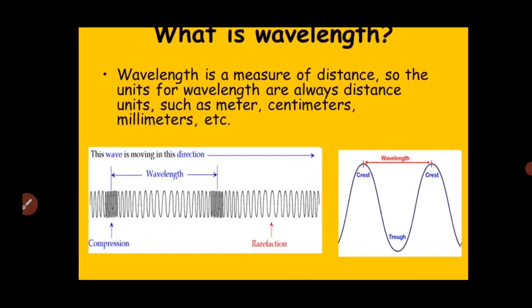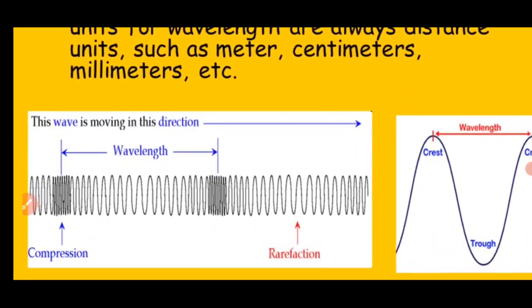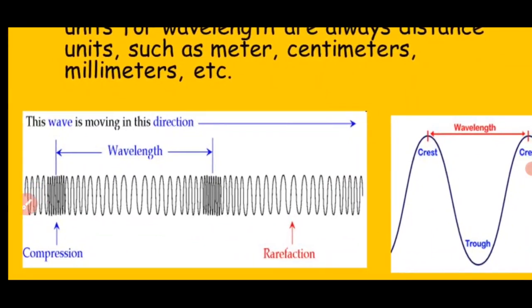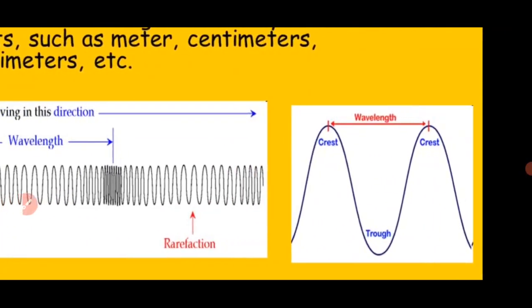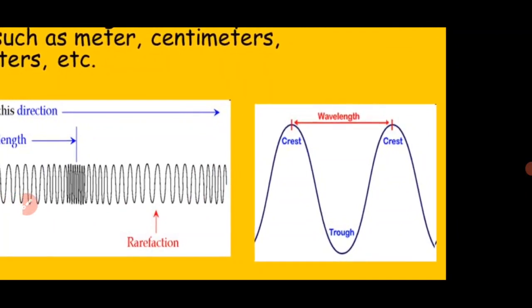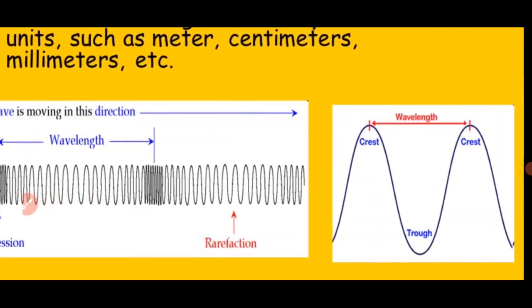In this picture, the wave is moving in the direction from left to right. Here the wave is given as compression and rarefaction, and in this form of wave, here given crest and trough.